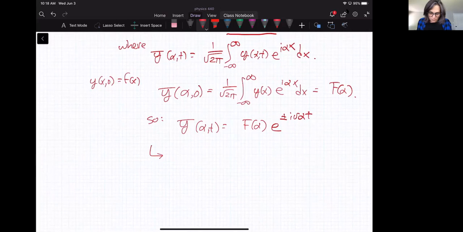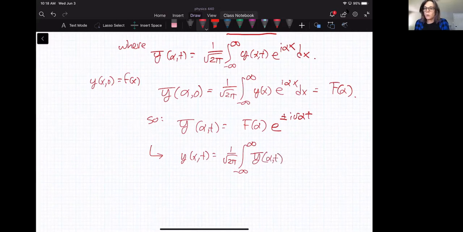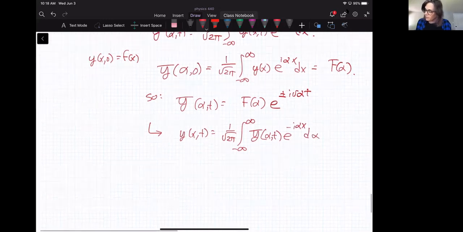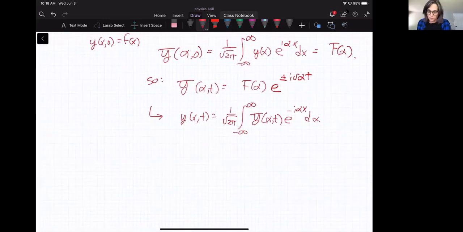And from that, we can write that y of x t is equal to 1 over root 2 pi. That is, we'll do the inverse transform. And the inverse transform is just the same, except with the reverse sign of the exponential. So we take our transform equation, Y of alpha t times e to the minus I alpha x, right, and integrate it over alpha, because we want this to be a function of x.